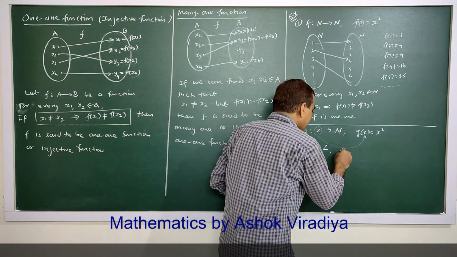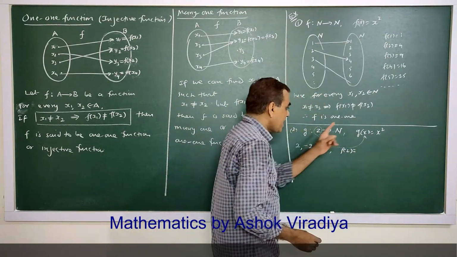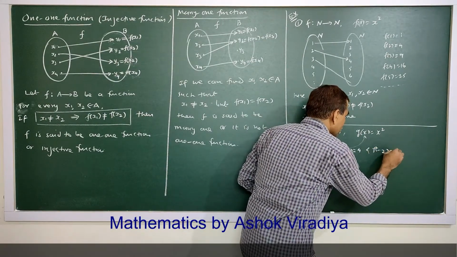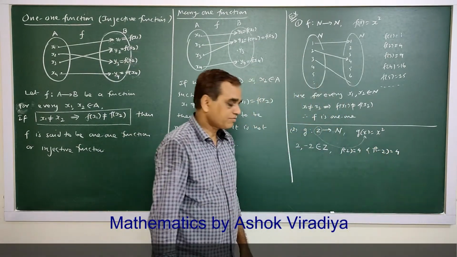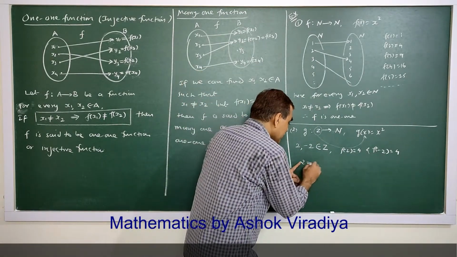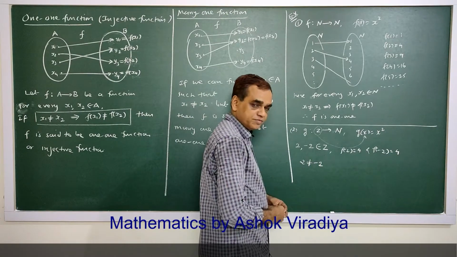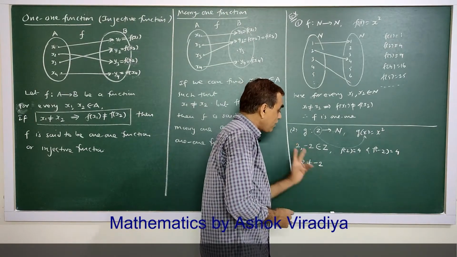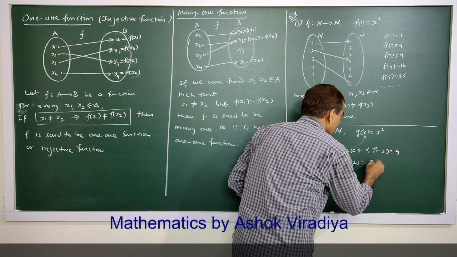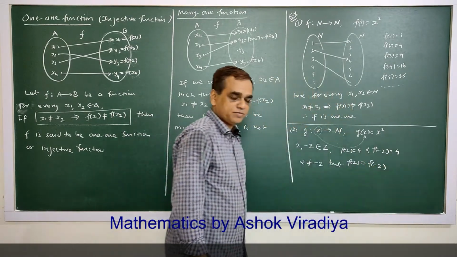Now let me check f of 2. f of 2 is 4 and f of -2 is also 4. Say 2 is not equal to -2, but f of 2 is equal to f of -2.